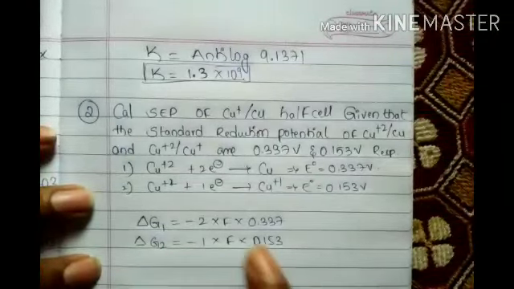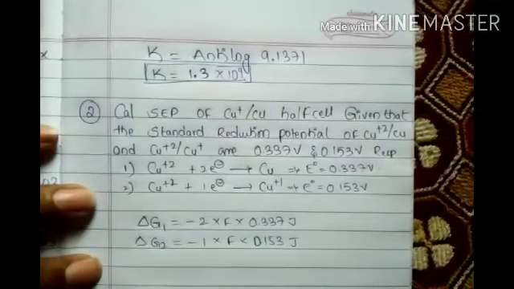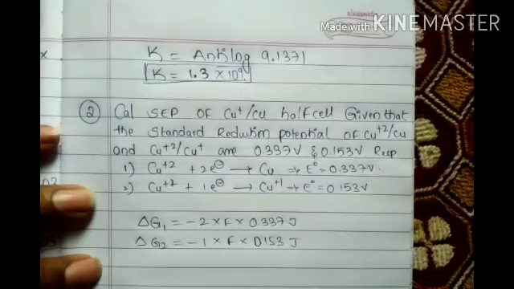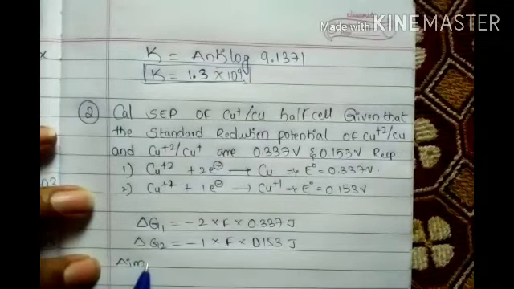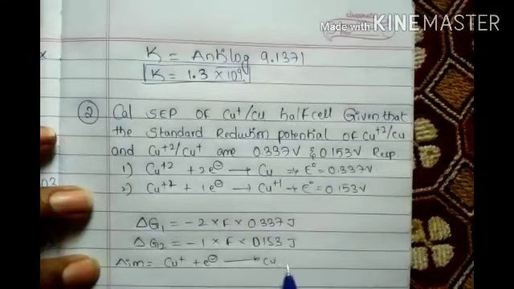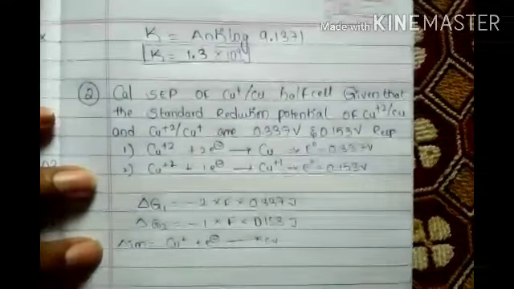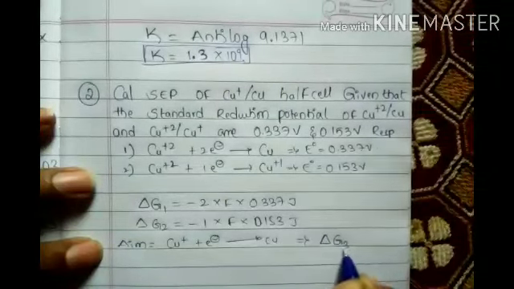Okay, so that volt we converted into joule. See here, what is he asking? What is our aim? The aim is Cu+ gaining 1 electron, it becomes Cu. That means delta G3 is what?